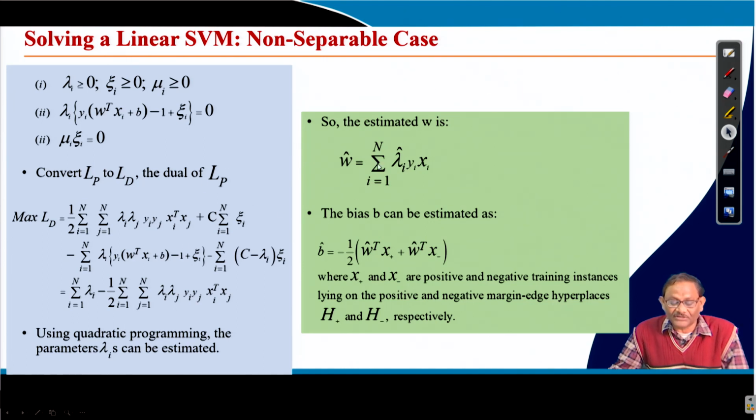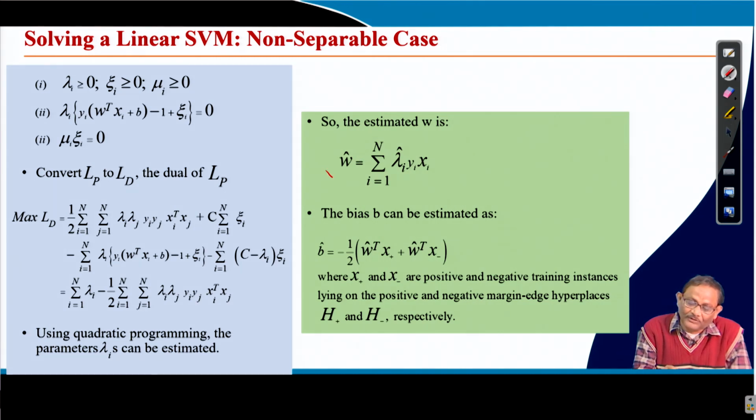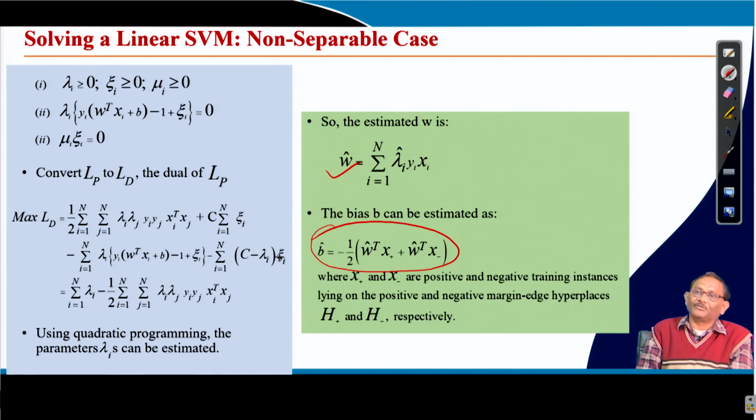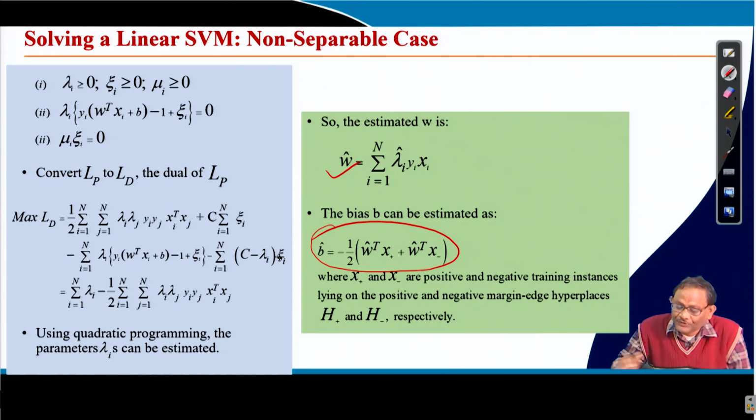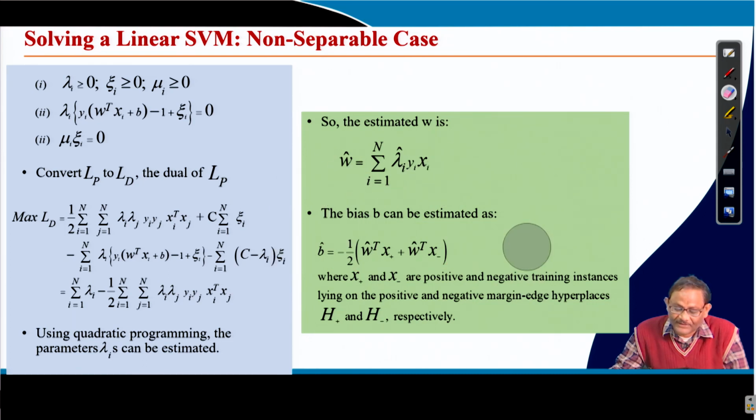Once the lambda value is computed, then the w value can be computed because you know the other values. Once w is known, then b will be known, and this type of equations we showed you in the previous lecture also. The positive and negative examples I have also shown you very clearly.